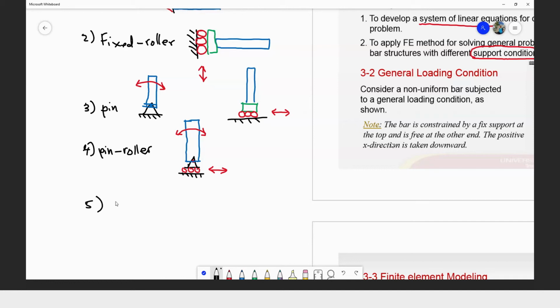So similar, dekat sini kita ada symmetry support conditions or symmetry boundary conditions.